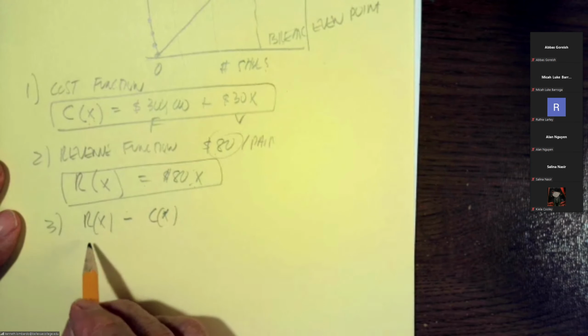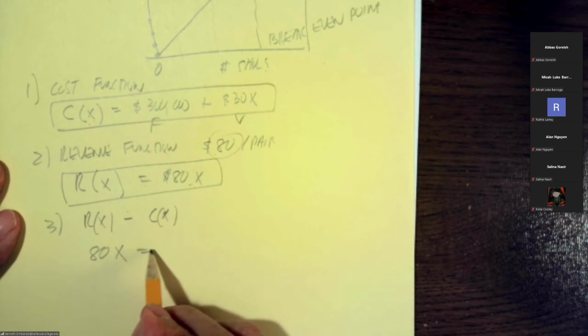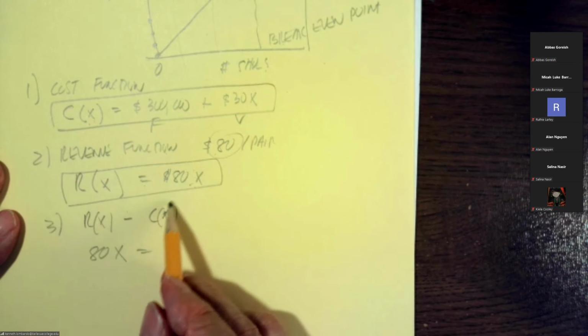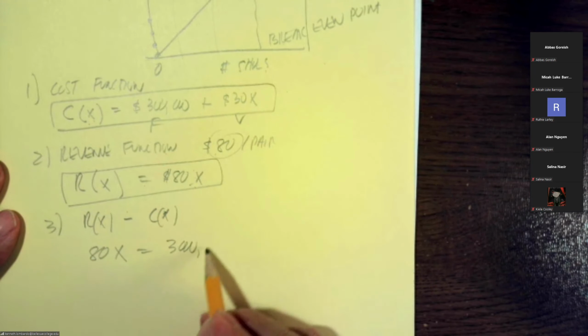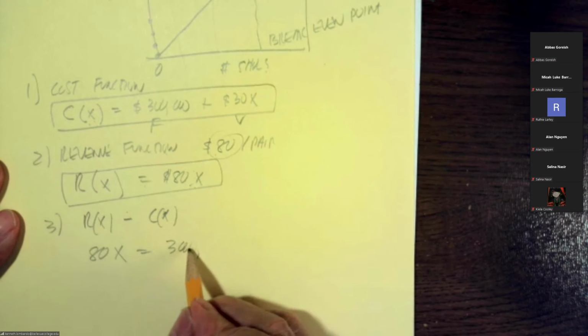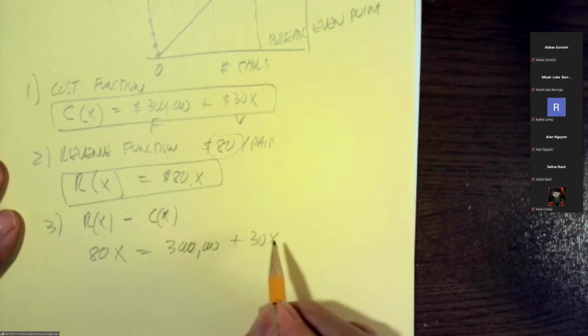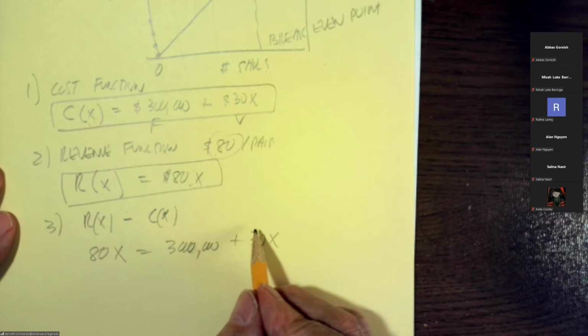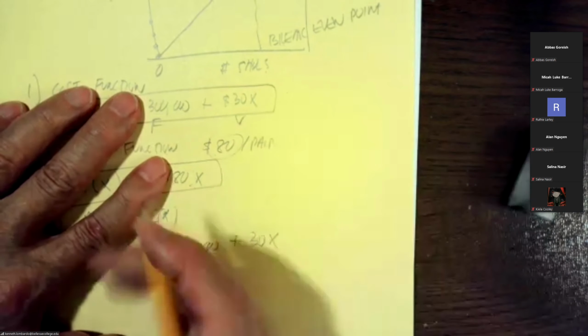So if my revenue function is $80 per shoe, and that's set equal to my cost function, which I said was 300,000 plus 30x, what I want to calculate then is, well, where does this thing break even? And this is 300,000 here.